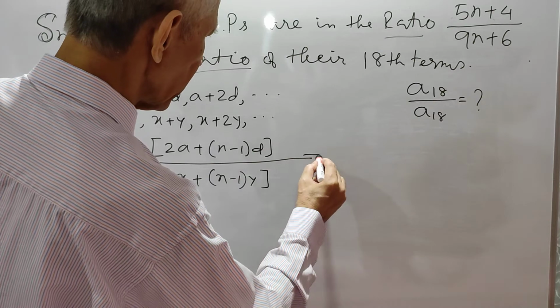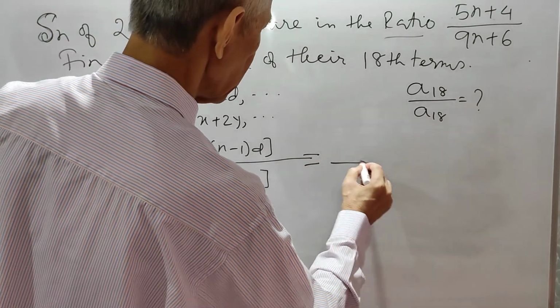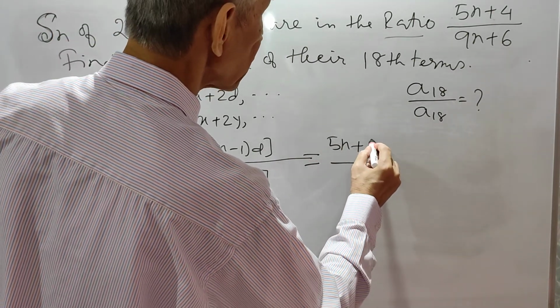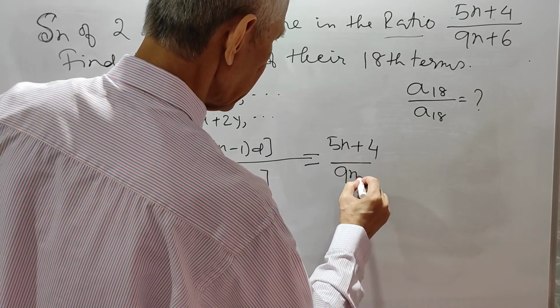So this is given equal to 5n plus 4 over 9n plus 6.